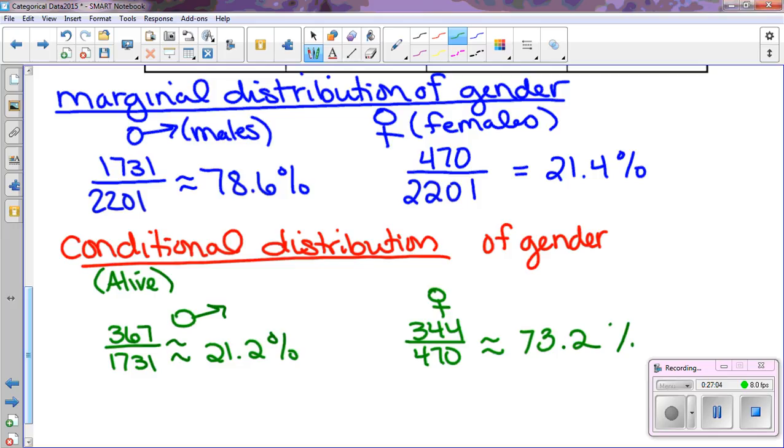So my question becomes now, so based on this, we can answer the question, is gender independent, we'll say the other way around, is survival independent of gender?